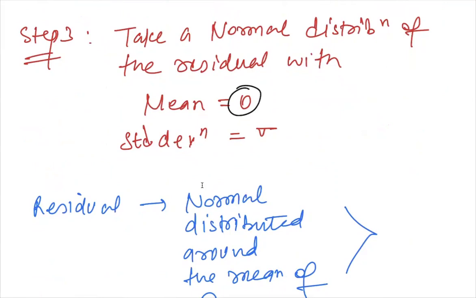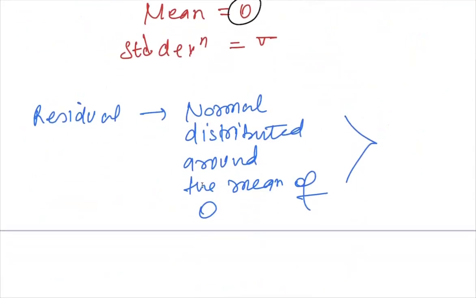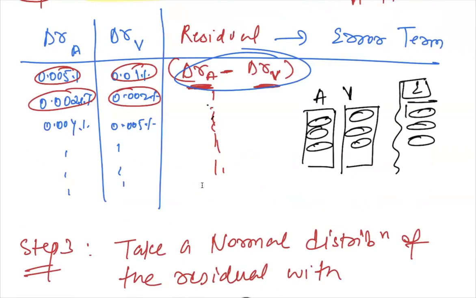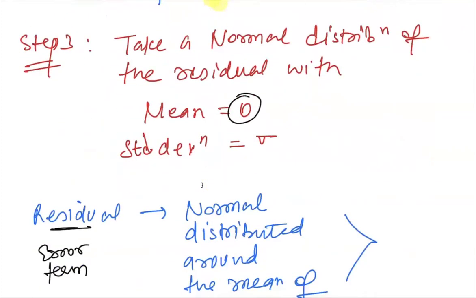So what I'm saying is, my residual or my error term is normally distributed with a mean of 0. Basically, I'm saying let's try to make this residual all 0. Whatever difference you see between the actual and the modeled value of interest rate, let's try to make it all 0.